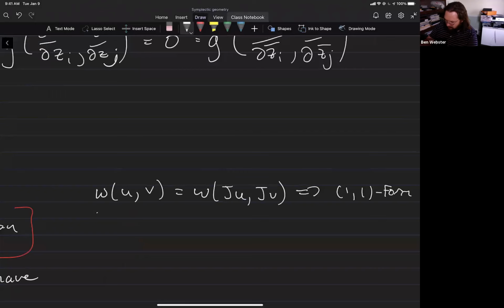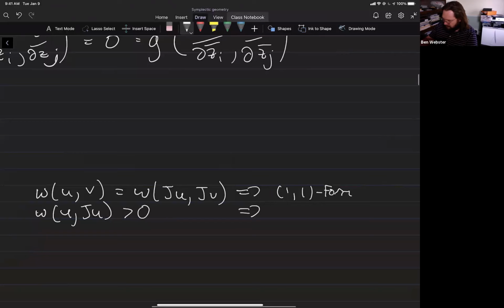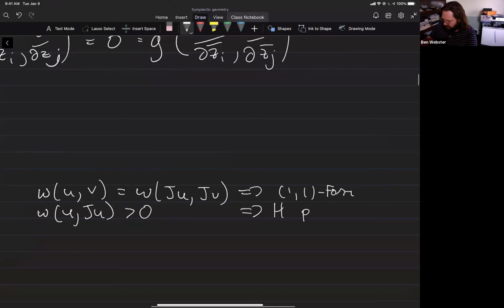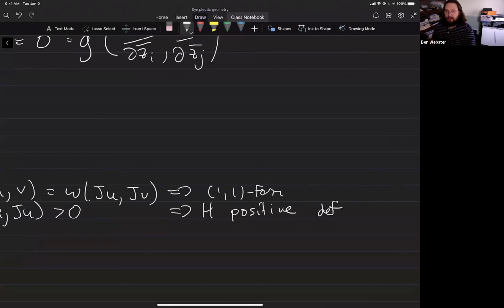And then I have to have that this inner product is always positive. And this is expressed by this H being positive definite. So that's the other reason to do this change to H.